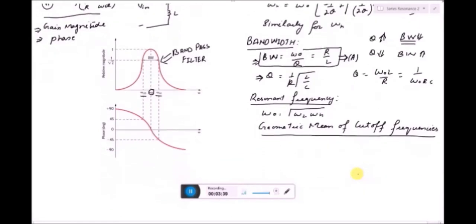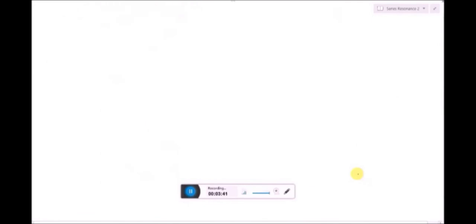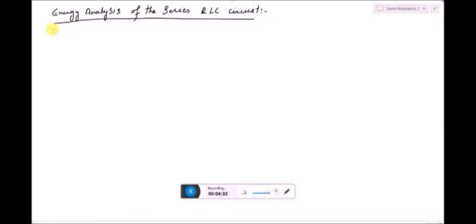Now we are moving on to today's lecture, and we will be discussing the energy analysis of the series RLC circuit. We have two energy storing components in the RLC circuit, inductor and capacitor.